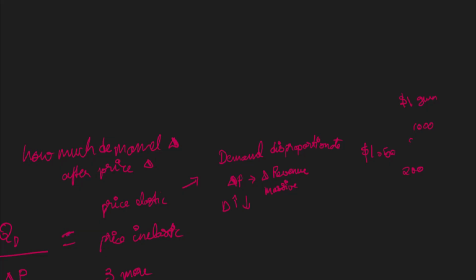For a 50% change in the price, you've only gotten 20% of your original customer database, and that's an 80% change, right? That's an 80% change for a 50% change in price.